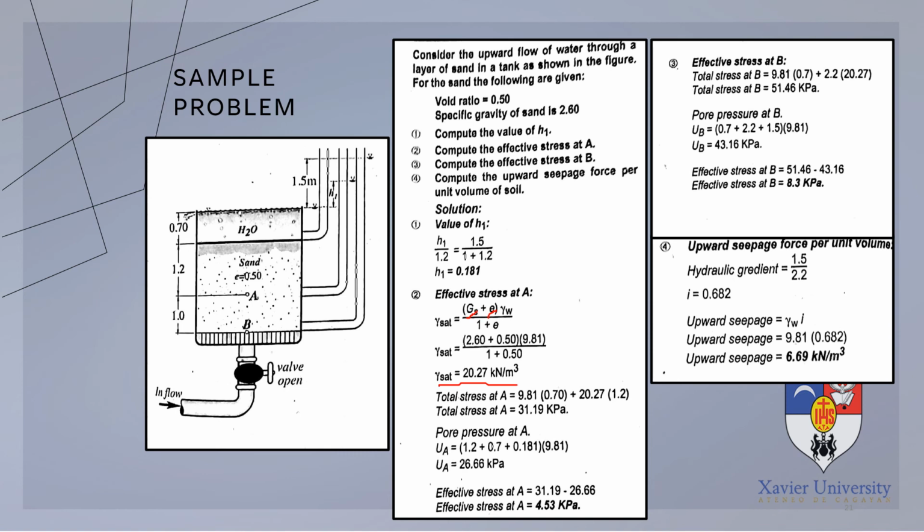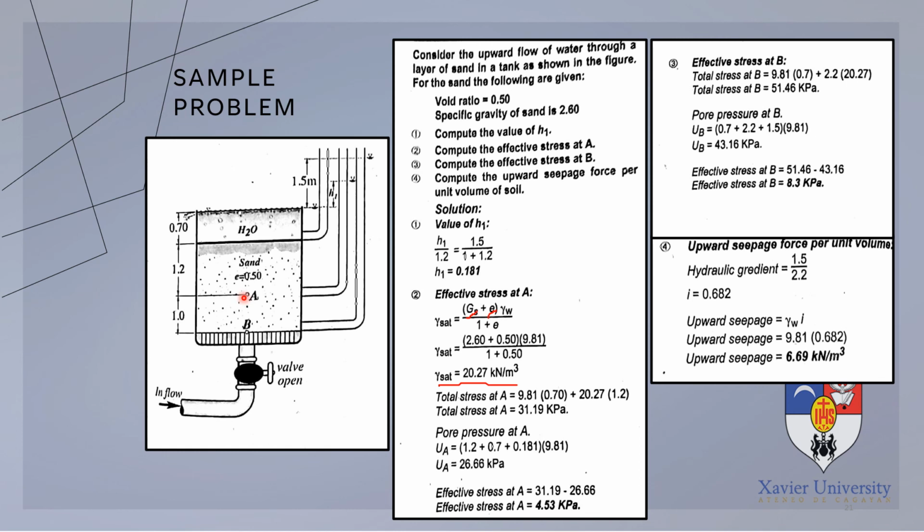Now, solving for the total stress at point A, that is everything that lies above A. That is 9.81 times 0.7, which is from this layer, plus 20.27 times 1.2 for this layer right above A and below our water table. So the total stress at point A is equal to 31.19 kPa.